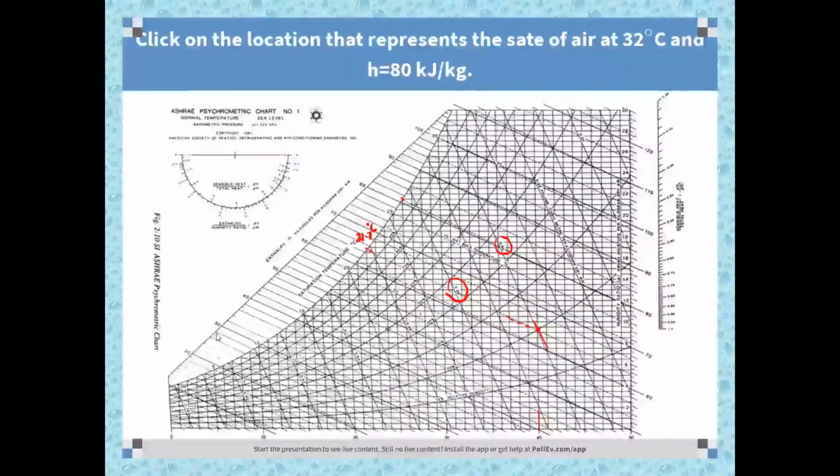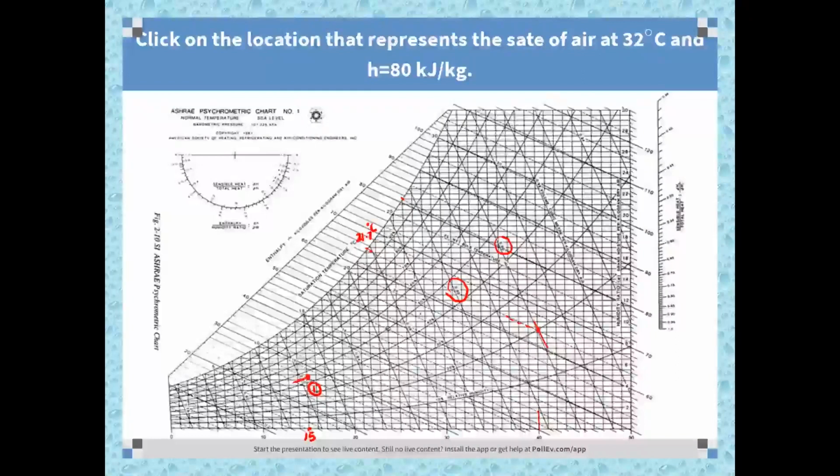What's the temperature? 15. 15 is here. 45% relative humidity is, this is 50, this is 40. So somewhere right in between these two lines. So this is our state 1, right?